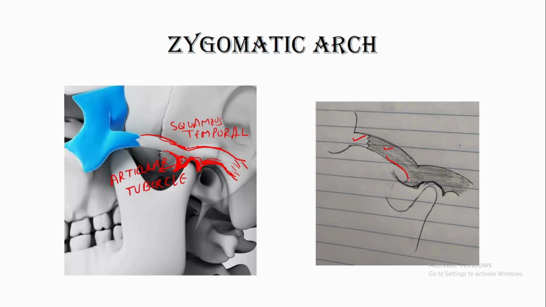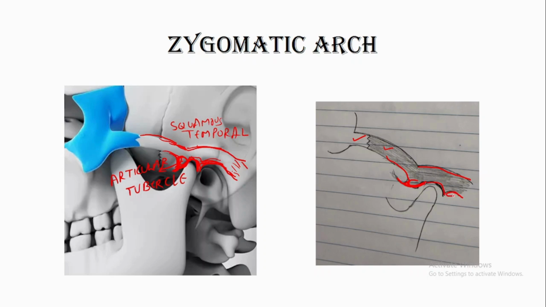When it comes to the posterior end, it forms the anterior root of zygoma, and the elevation formed in the lower border of the zygomatic arch is the articular tubercle, and then it goes posterior to the mandibular fossa.